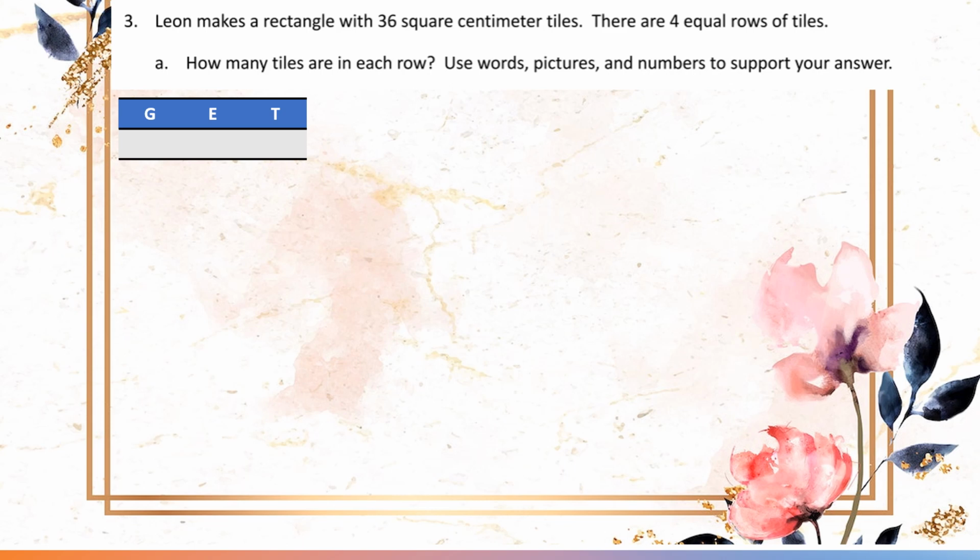Now let's go ahead and reread the question so that I can complete my Get chart. Leon makes a rectangle with 36 square centimeter tiles. That means that the total area for his rectangle is 36. My next sentence says that there are 4 equal rows of tiles.